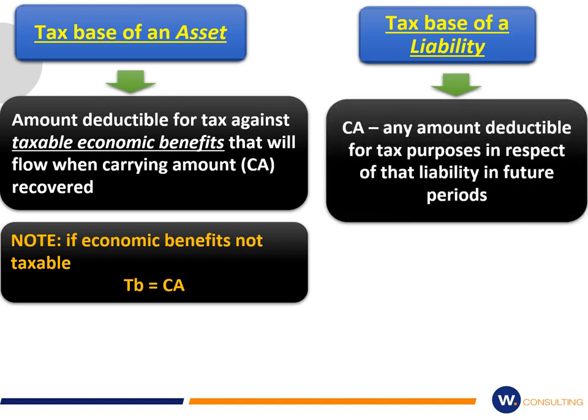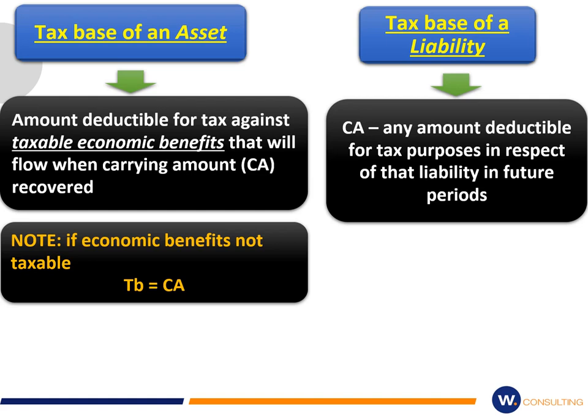For a liability, this is the definition of the tax base of a liability. The tax base of a liability is the carrying amount of the liability less any amount deductible for tax purposes in respect of that liability in future periods. So in the case, say, of that foreign loan payable that we looked at as an example, the carrying amount, say, is 100,000. What is its tax base? We take the 100,000 and then we ask ourselves how much of that liability will be deductible in future periods.